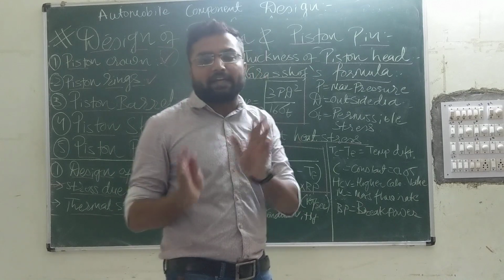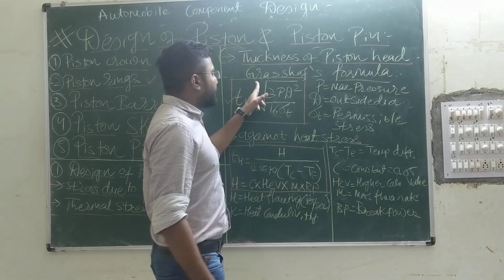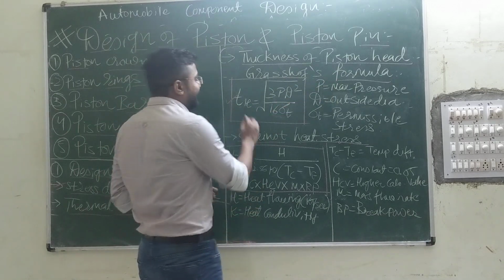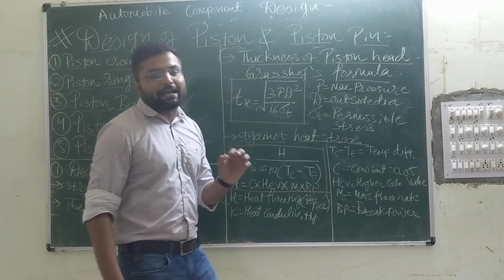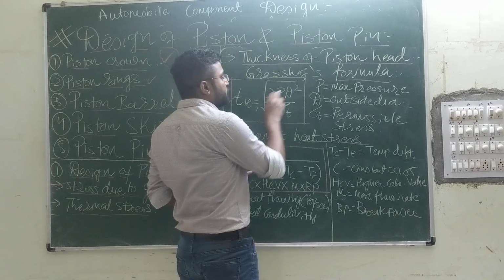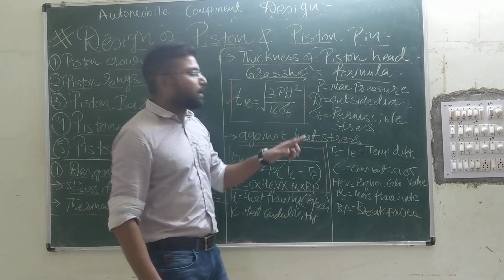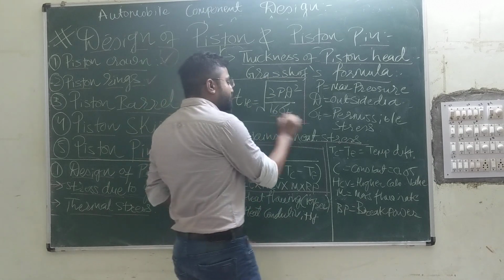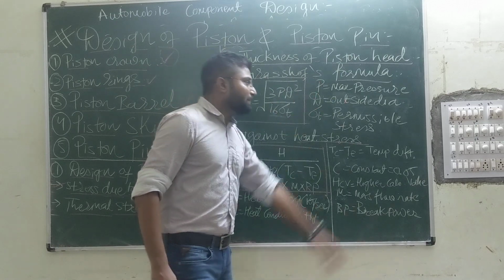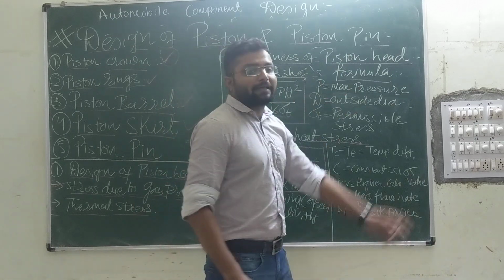So t_h, where the suffix h represents the thickness of the piston head, is equal to the square root of 3 P D squared upon 16 sigma_t, where P is the maximum pressure here.